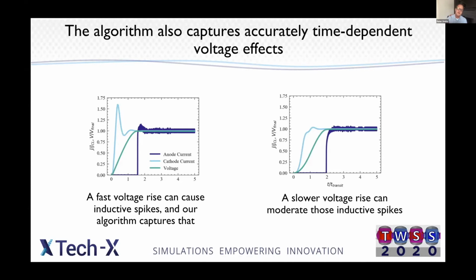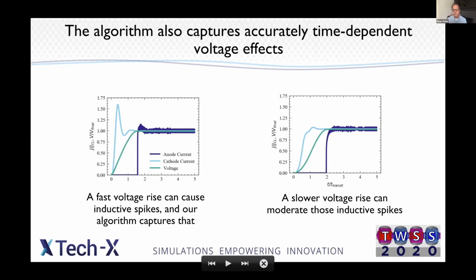In fact, you can modify this inductive spike here by just changing your voltage. So over here, we've ramped it a little more gently. So you can kind of tell that this one's at its peak by about 1, and this one's not at its actual peak till about 2 transit times.